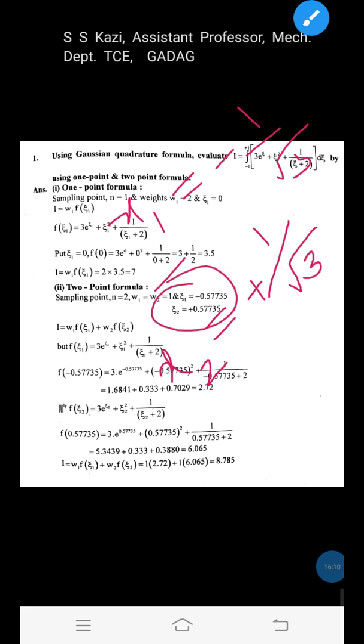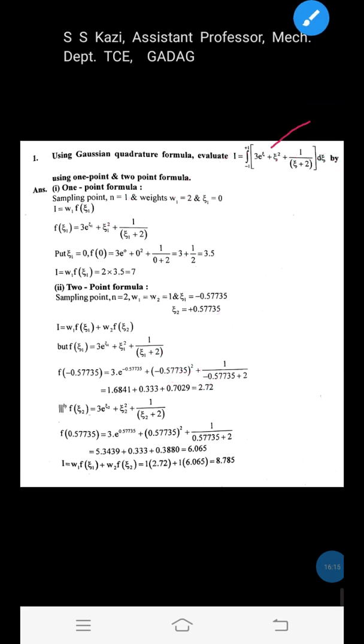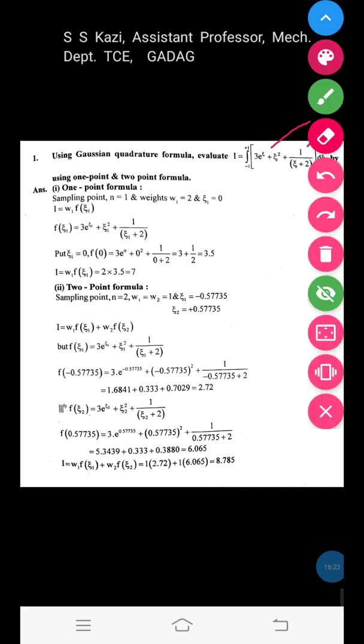If it is given in terms of x, you just replace it by x1 and x2 like this. I hope you have understood, my dear students.